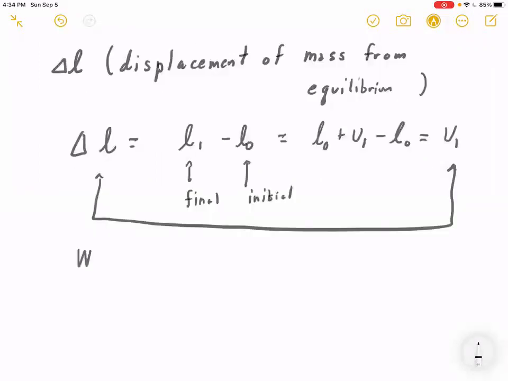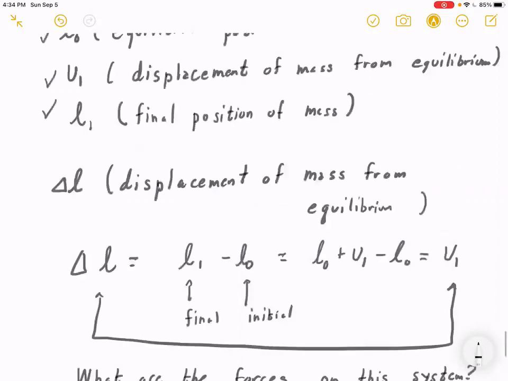So what are the forces on this system? I probably will go back here and remind myself that L sub 1 is really L naught plus U sub 1.